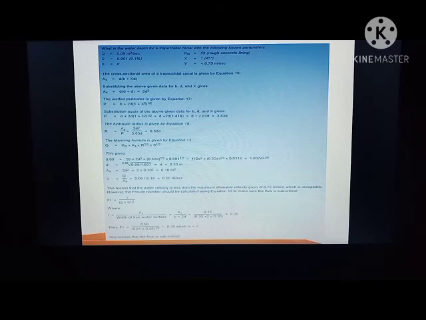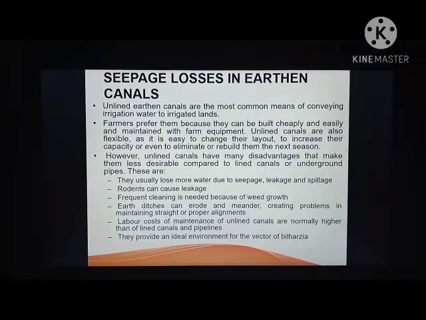Thus, Fr is equal to 0.50 over the square root of 9.81 multiplied by 0.20, which is equal to 0.36, which is less than 1. This means that the flow is subcritical.